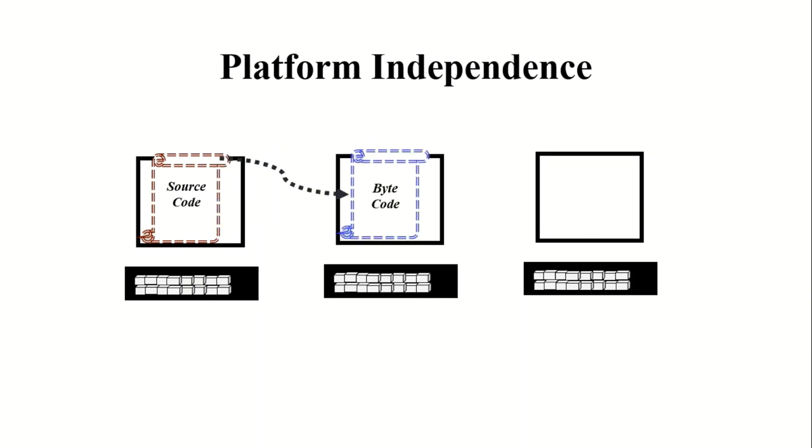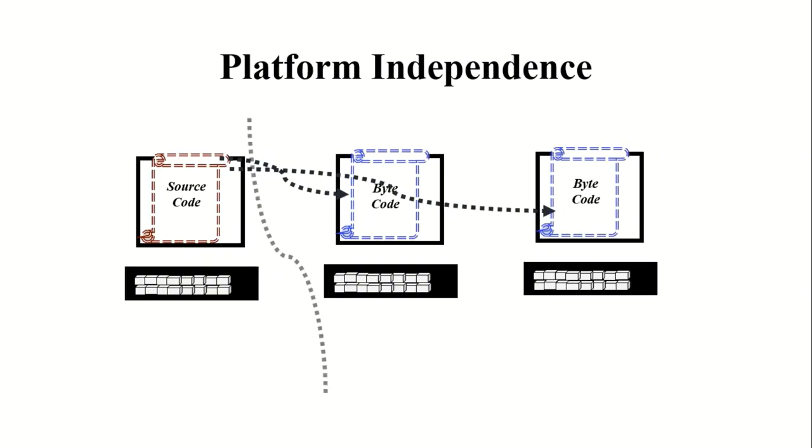And if I take the bytecode to a different machine, even if those machines are geographically apart, and the architectures of those machines are different, we will still be able to see the output of the Java program. And I have already explained, whenever you have your bytecode, the JVM will take the responsibility of the interpretation of this bytecode. Source code is not required at all. So why Java is important, I think it is pretty much clear to you.